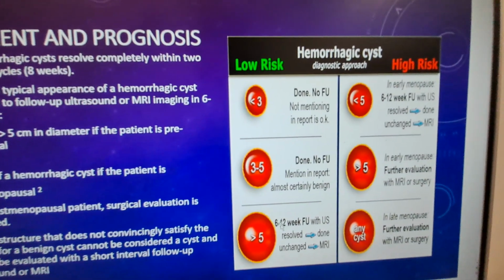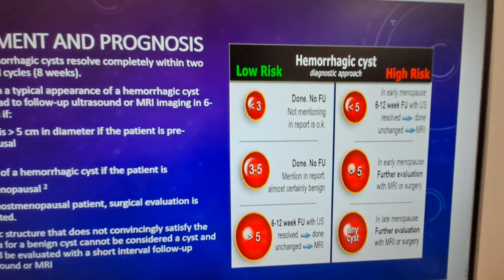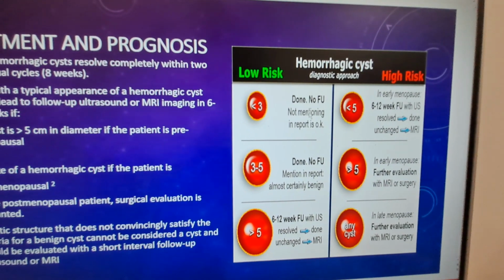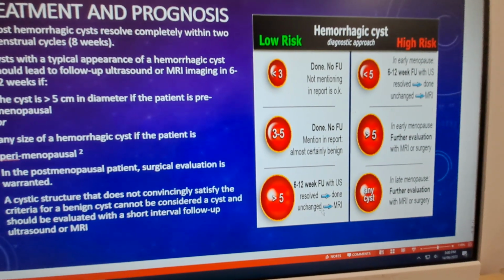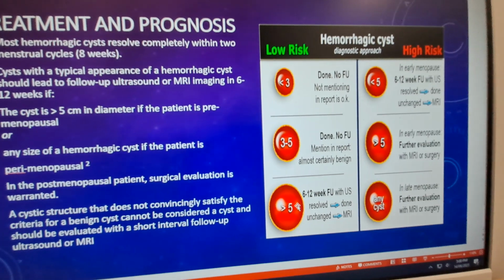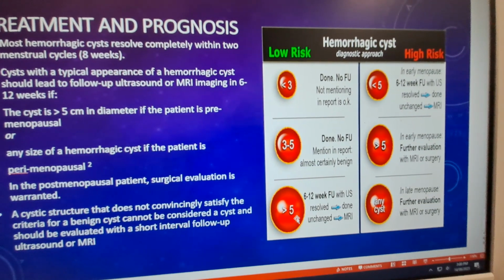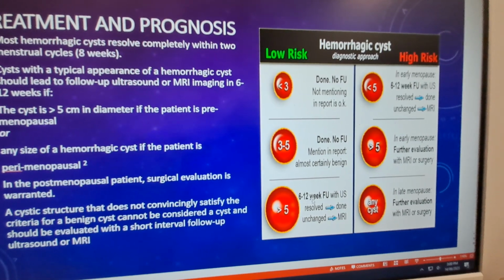So this chart is very important, low risk and high risk. Less than 3, just follow by ultrasound. 3 to 5 is also by ultrasound. More than 5, you have to drain, do MRI and ultrasound, and just follow up. But it depends upon the symptoms. If the patient is silent, you just have to follow up at 6 to 12 weeks.